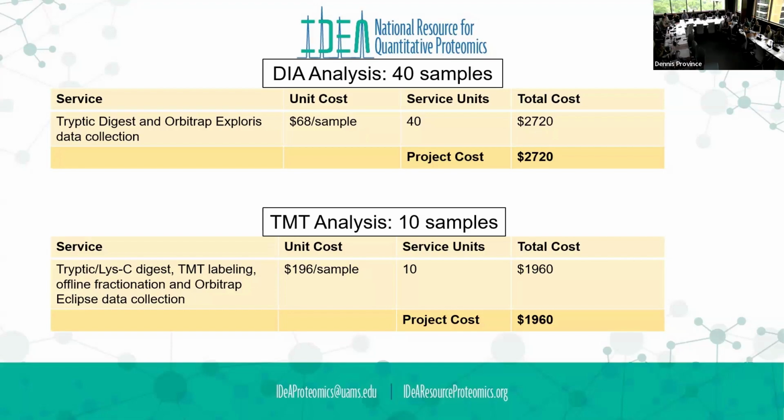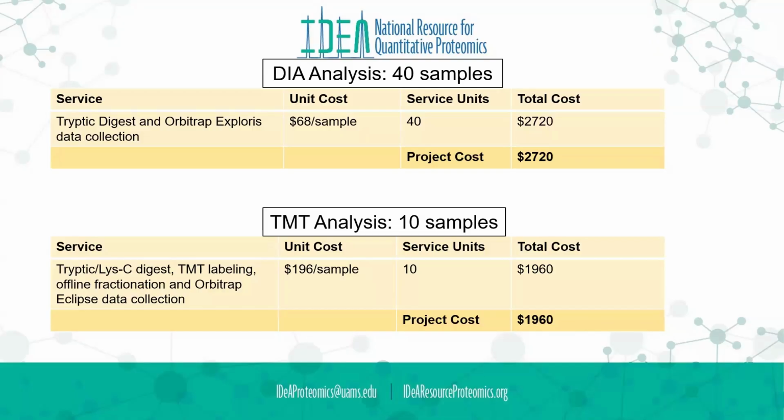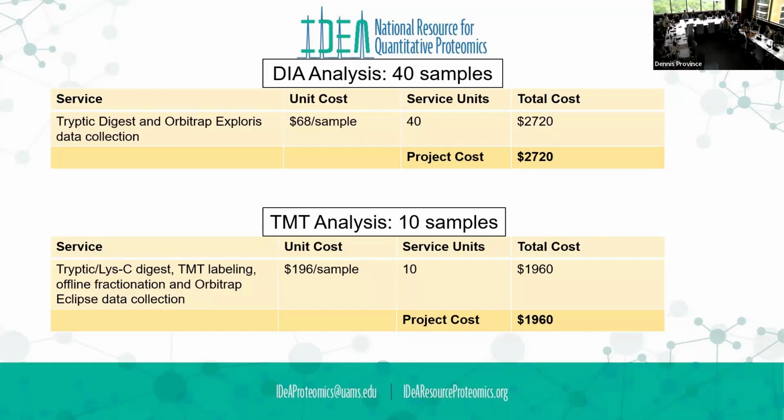So if you were to do your own digestion, then you would just pay $45 per sample. Oh, so if you do all the service, it will be $68. If we do the trypsin digest and do the data collection, it's $68 per sample.